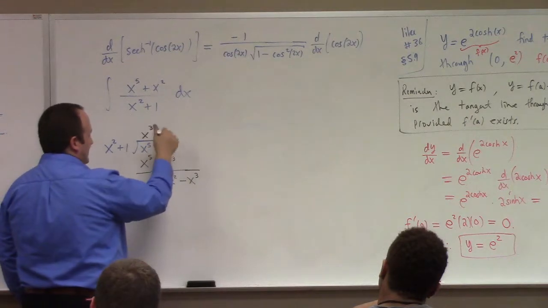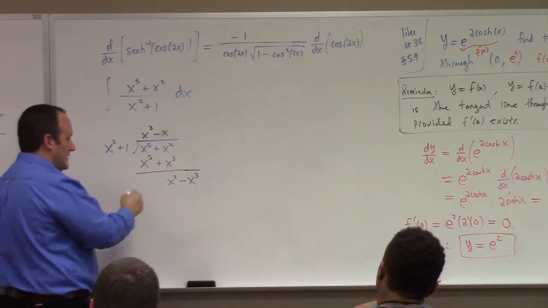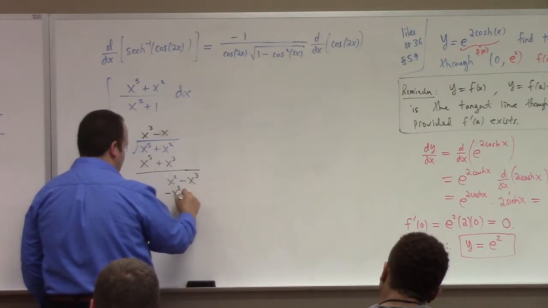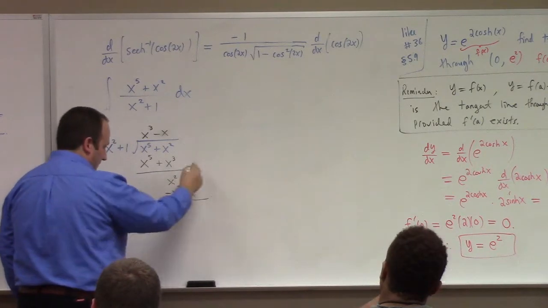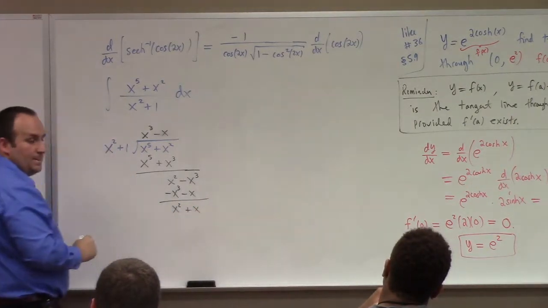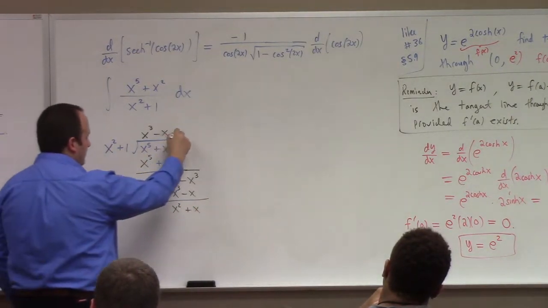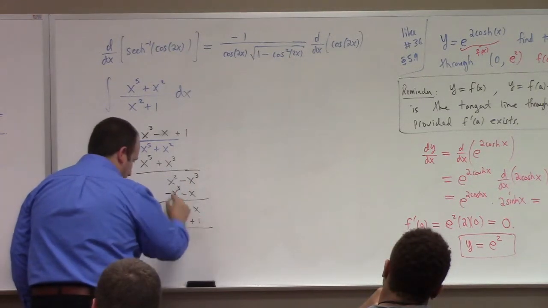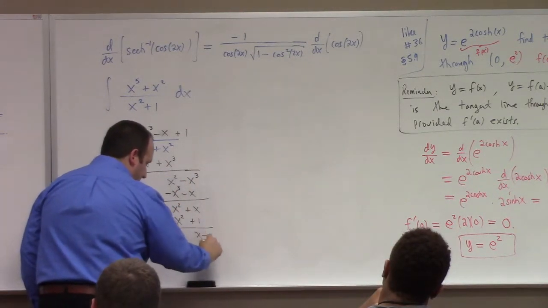Minus x, yeah? So this gives me minus x cubed minus x, right? They cancel. I get x squared plus x. Then I do what? Plus 1. That brings down x squared plus 1. I take the difference. I get x minus 1.